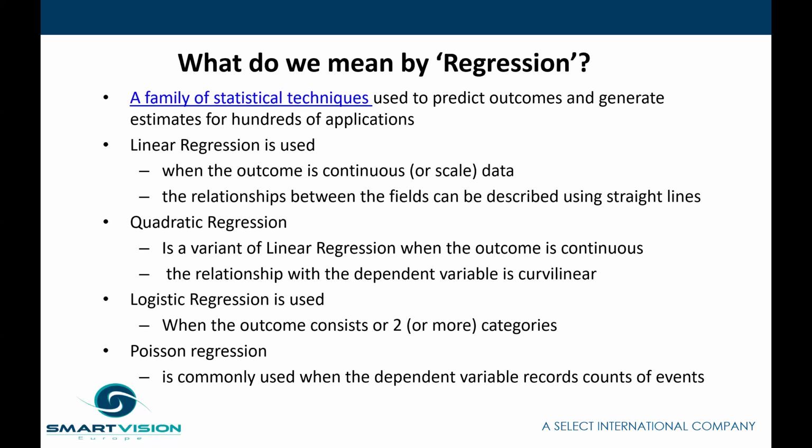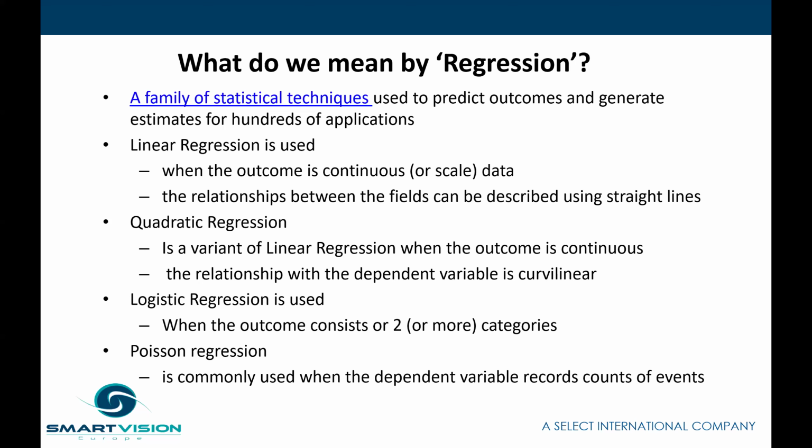Poisson regression, again, is another variant of linear regression. It is used when the dependent variable records counts of events. It's used a lot in insurance, where you're looking at how many times somebody might make a claim over the lifetime of a policy, or the number of visits to an institution over time, visits to hospital or to the theater.